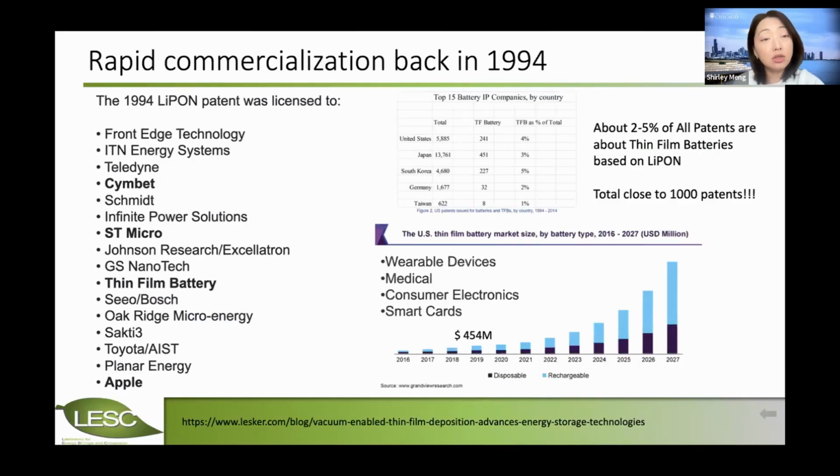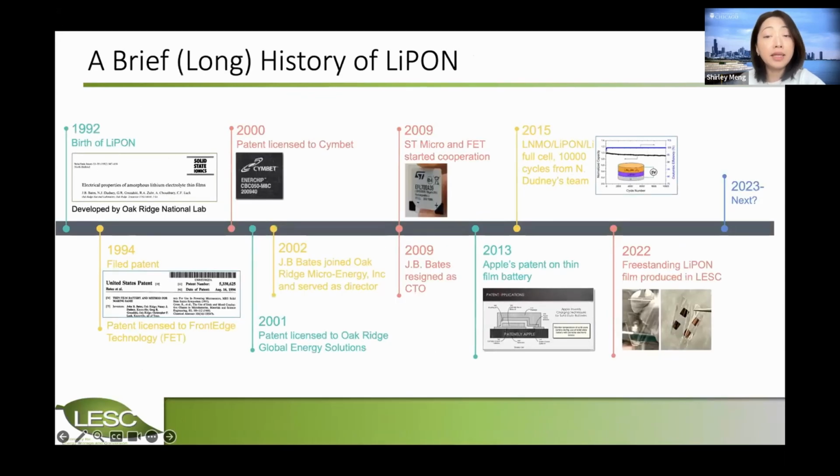If we look back at the history, back in 1994, there were extremely promising commercialization pathways for LiPON. Many companies looked at this as the enabler for wearable devices, medical devices, consumer electronics, and smart cards. It didn't happen, I think, mainly due to the difficulty in the manufacturing process.